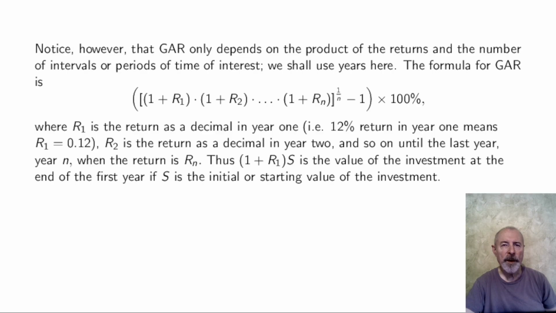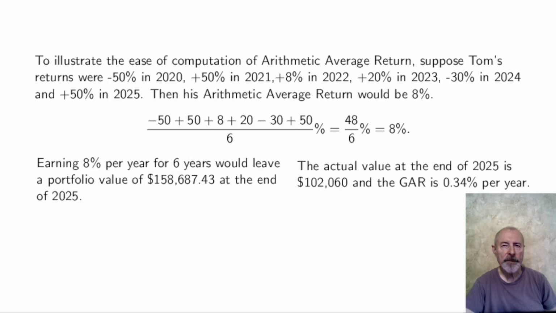Here, R1 is the return in year 1 in decimal form. So a 12% return in year 1 would mean R1 is 0.12. R2 is the return as a decimal in year 2, and so on. If S1 is your starting amount of investment, then 1 plus R1 all times S1 would be the value of your investment at the end of the first year.